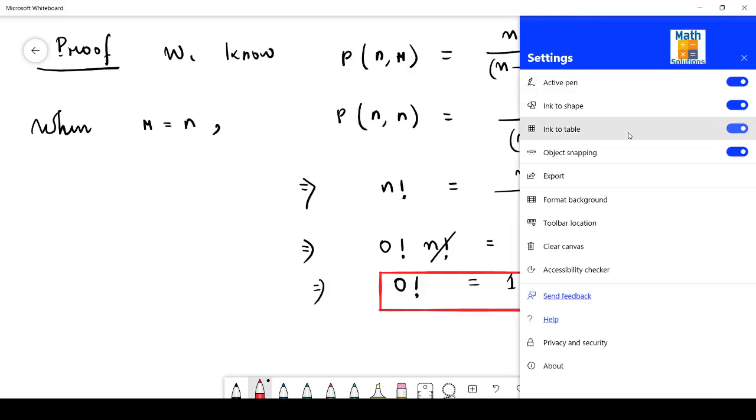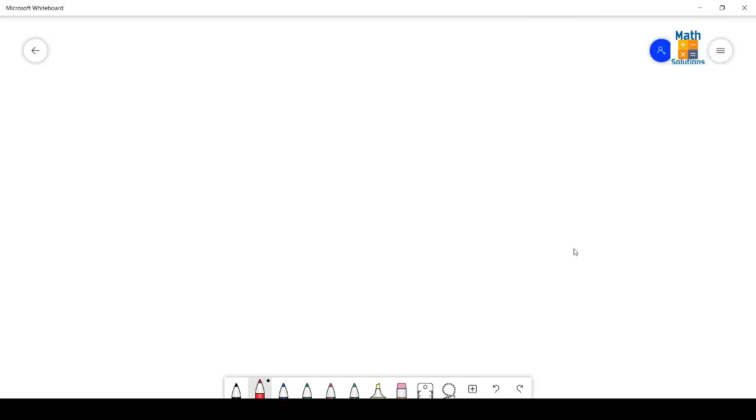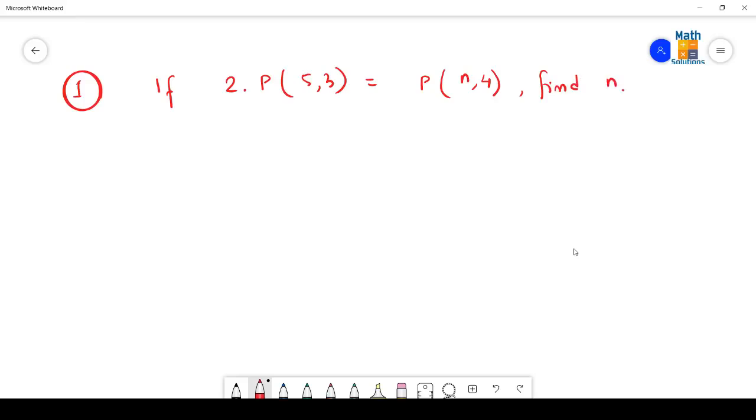Let us come to the first question. The first question is what? Question number 1. What is said here? If 2 into P 5 comma 3 is equal to P n comma 4, find n.